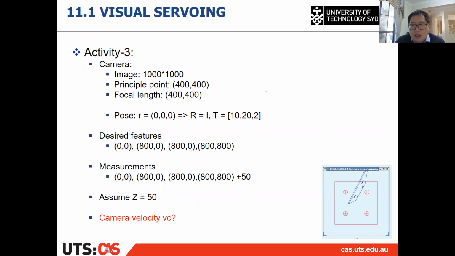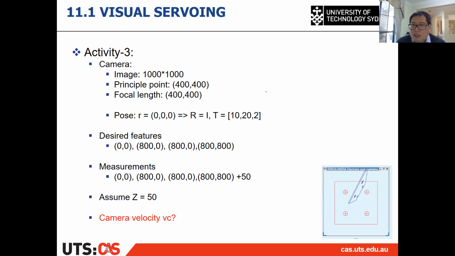Suppose you have a question in the final exam asking you to calculate the camera velocity. Then what you need to do to write that answer is write the necessary equations. Please do write the necessary equations, and also calculate the values of the necessary variables.